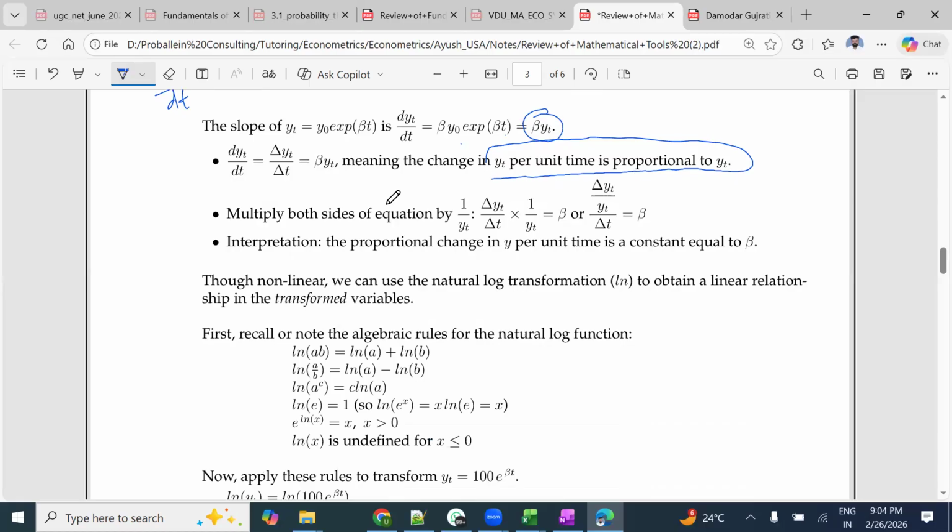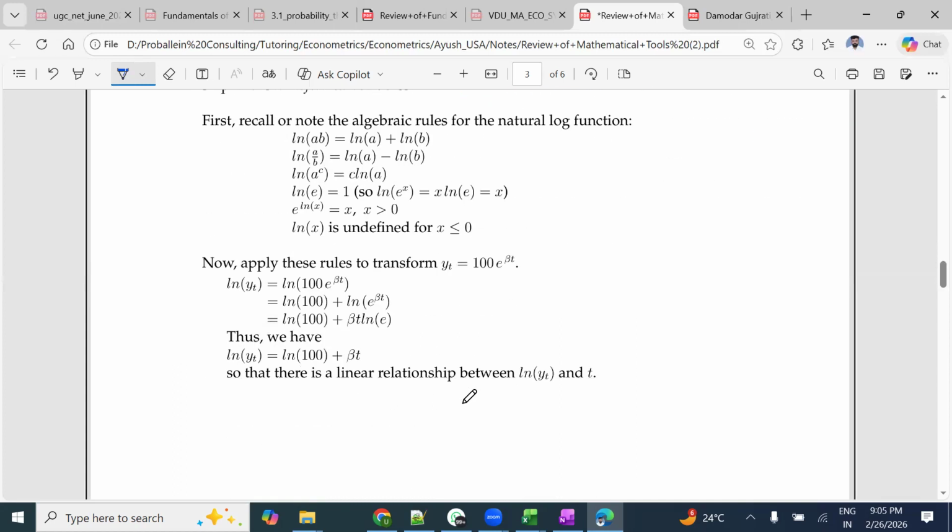One second. Okay, so let me write it over here.